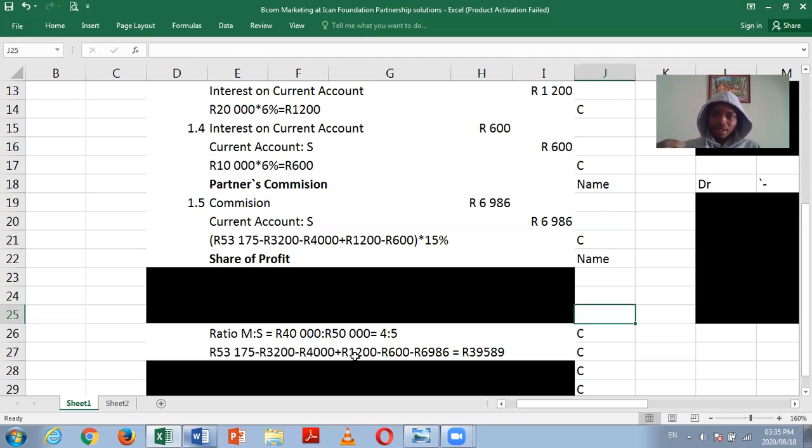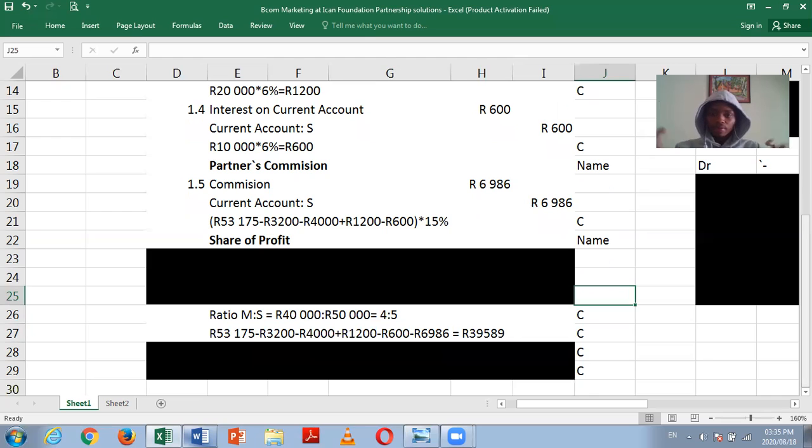So it means the partner has to pay the partnership that interest, right? And then minus the 600, which is the interest on current account for S, minus the commission, right? And then we get 39,589. So now this 39,589, the fact that it's positive, it means it's a profit. So now we're going to share the profit according to the ratio, which is 4 is to 5, right?